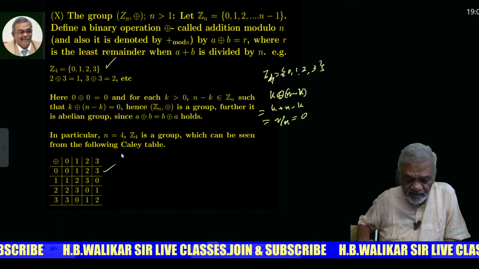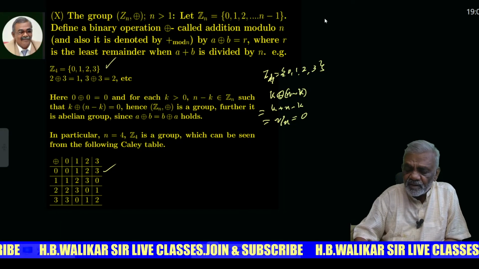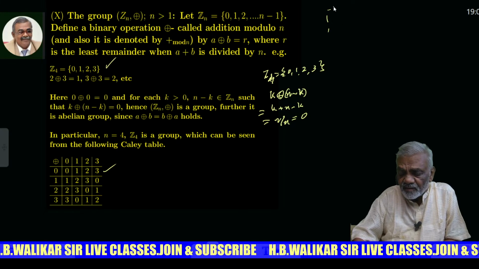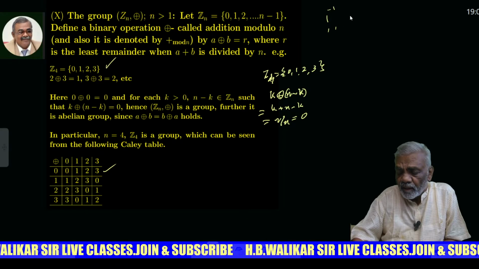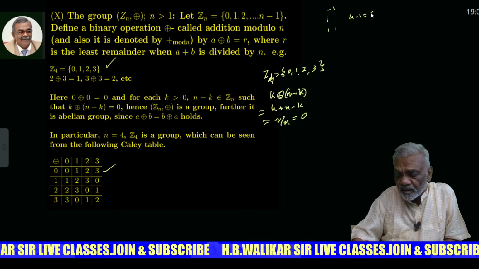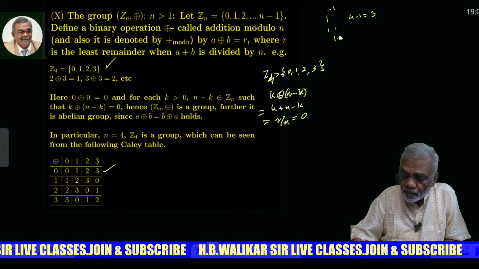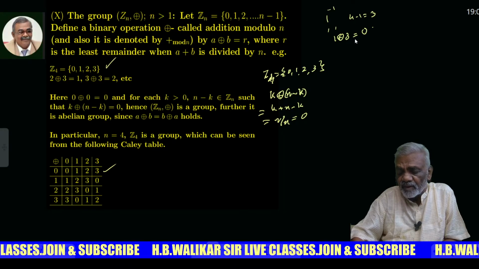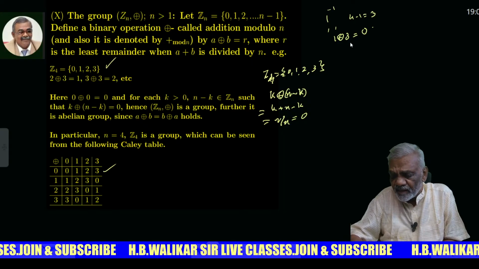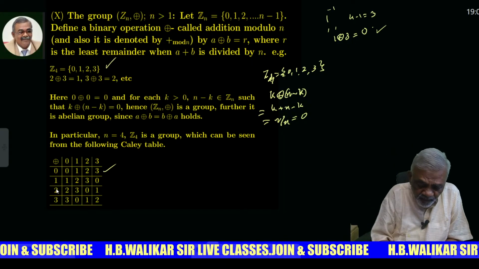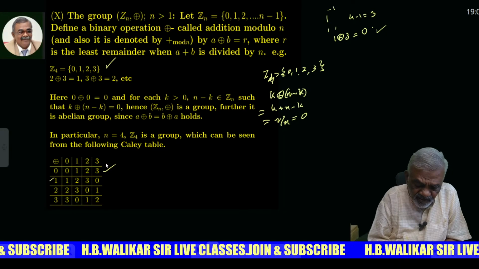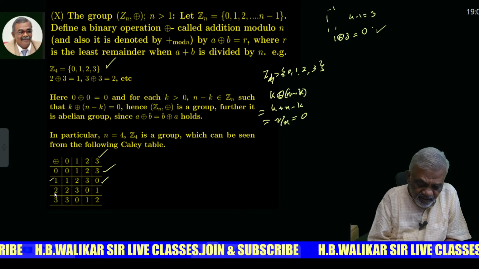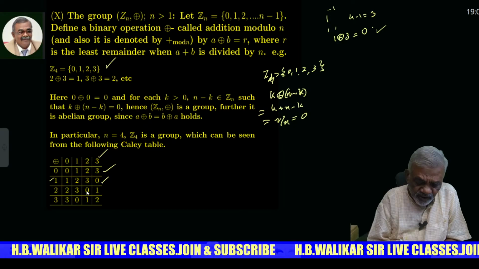Secondly, the inverse of 1 is n minus 1, n is 4, 4 minus 1 is 3. So 1 plus 3 is equal to 0, because 1 plus 3 is 4, and 4 divided by 4 has remainder 0. Now see, 1 plus 3, 0 is there. Inverse of 2 is 2 itself.